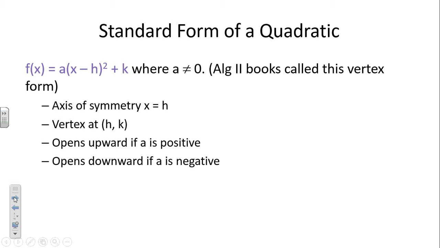When you get a quadratic in this form, x equals h is going to be your axis of symmetry. Your vertex will be at (h, k).